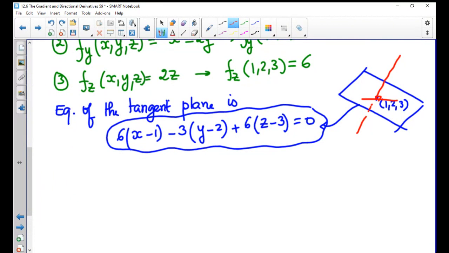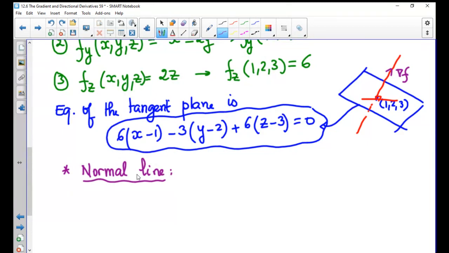So normal line. Of course, we know that the gradient vector itself makes an angle of 90 degrees with the plane. Now I want to try to remember, if you want to write the equation of a line in general in space, what do you need?